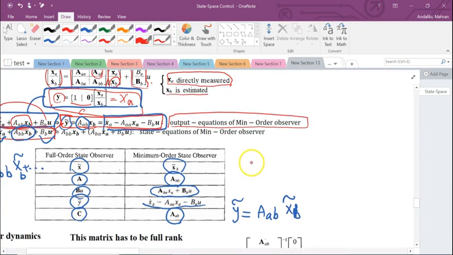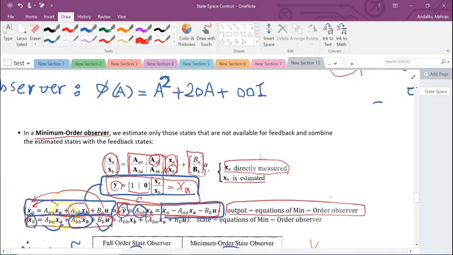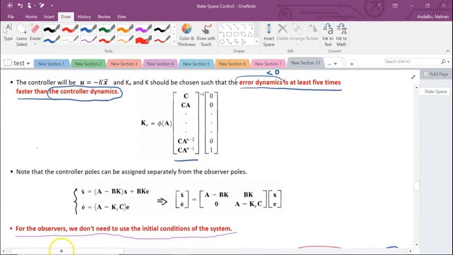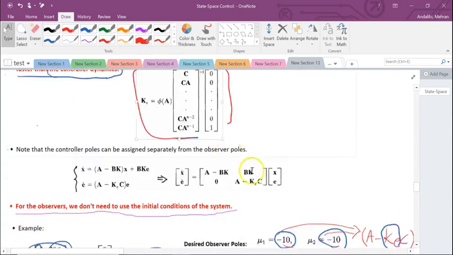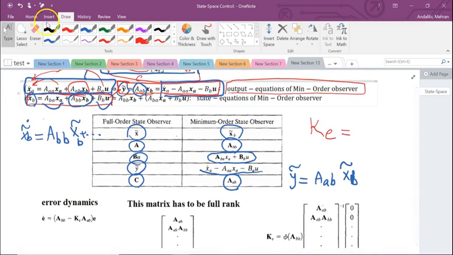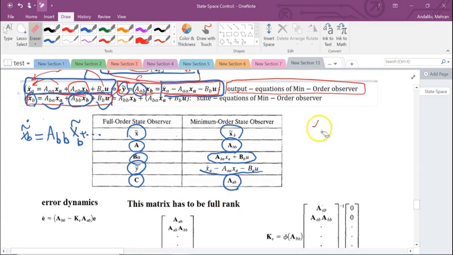So what was the equation? Remember, the equation we had was KE, right? Look at that Ackermann formula. KE was what? Remember we have it? Is that KE here, right? So let me grab it and bring it down. So I can still use that if I do my proper replacements.